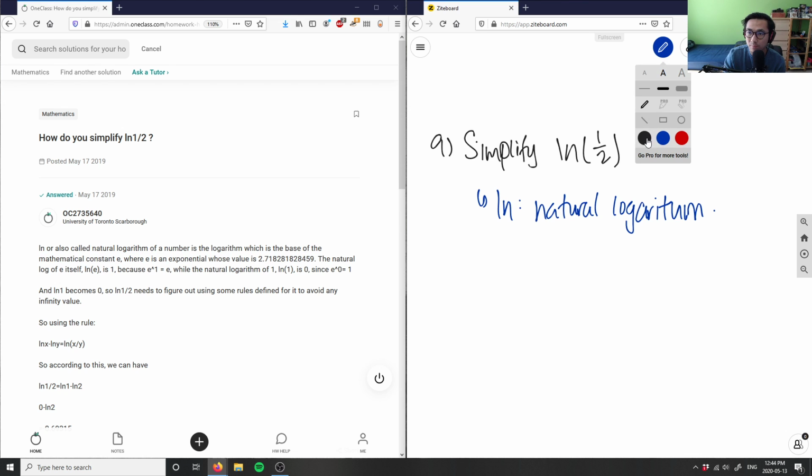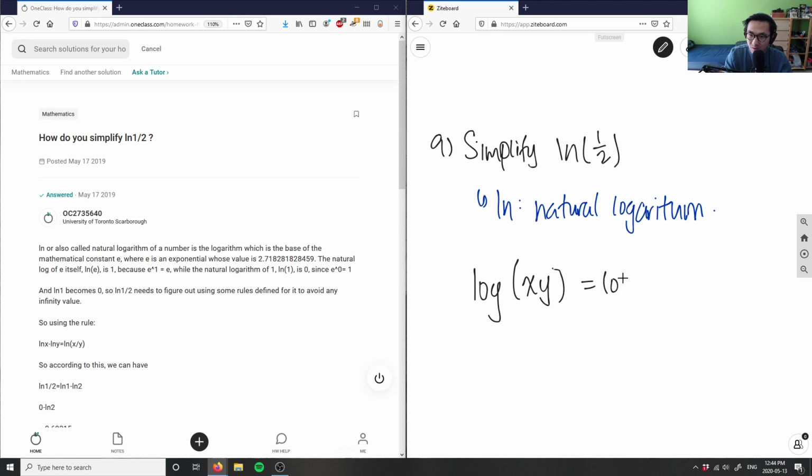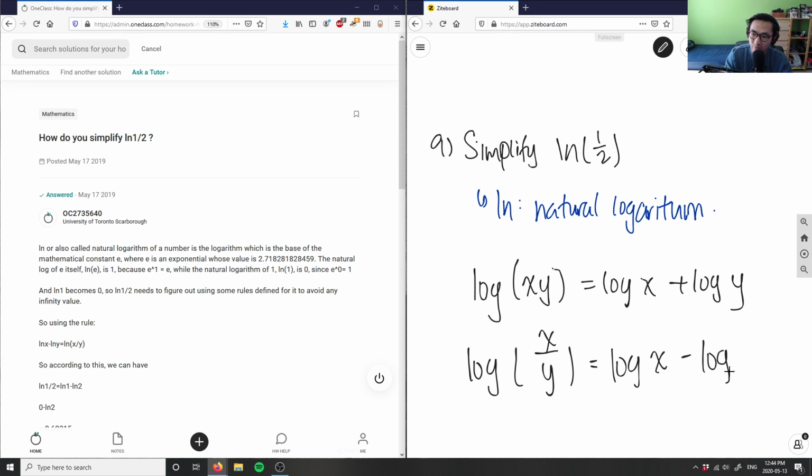So there's a couple of logarithmic rules you need to know before we jump into this. I'm going to use log first, and it's not ln, but I'll use log first. If I have log of xy, it's going to equal the log of x plus the log of y. And if I have log of x divided by y, I know it's log of x minus log of y.